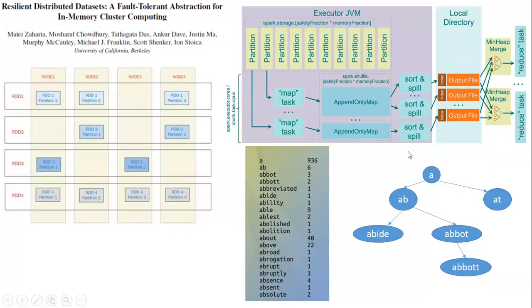Here I have shown a binary heap ordered by the keys, and that is each output file. And you can do some highly optimized merging at this level, so that you combine the key values and do the reduce operations in a shorter period of time. This is an example of what Spark does.